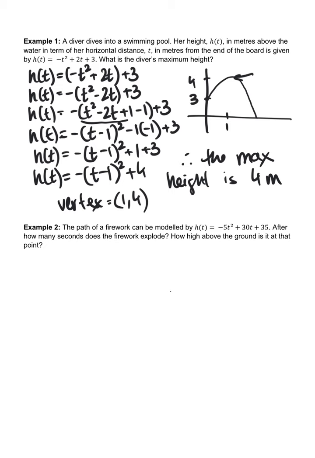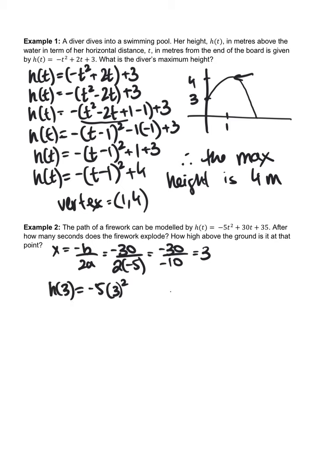So our b value is 30, so we get -30 over 2 times -5. So that is -30 over -10, which is +3. And now I'm going to put 3 into my equation.